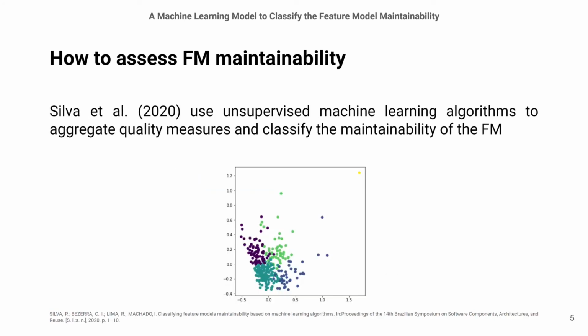In our previous work, we used unsupervised machine learning algorithms to aggregate quality measures and classify the maintainability of the feature model. We used clustering algorithms, and this image shows the feature model clusters separated by maintainability.